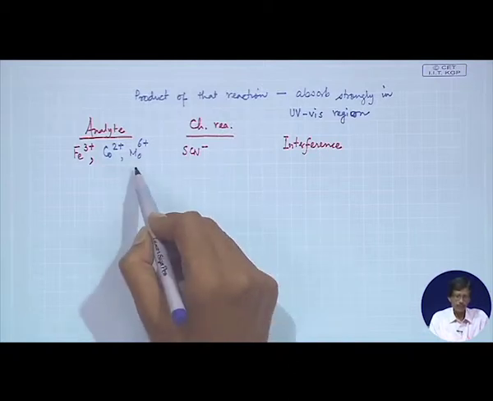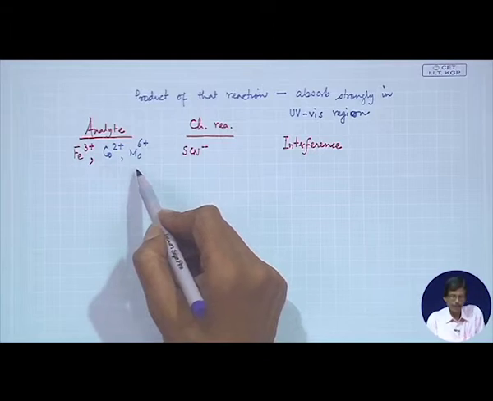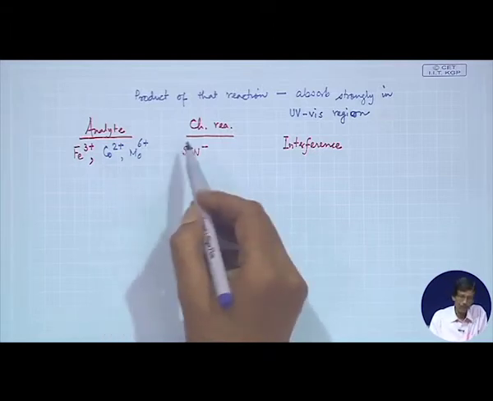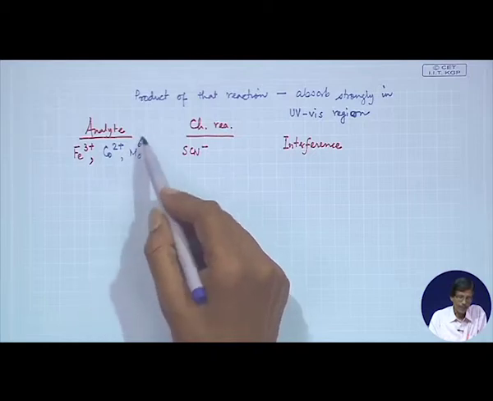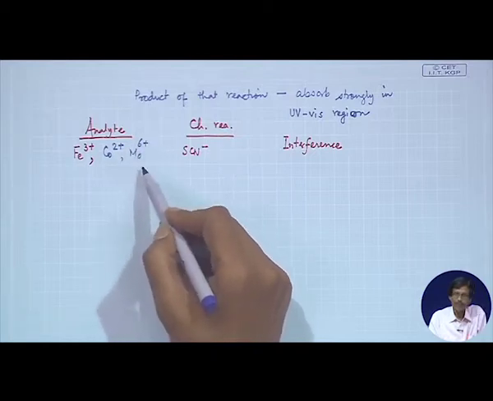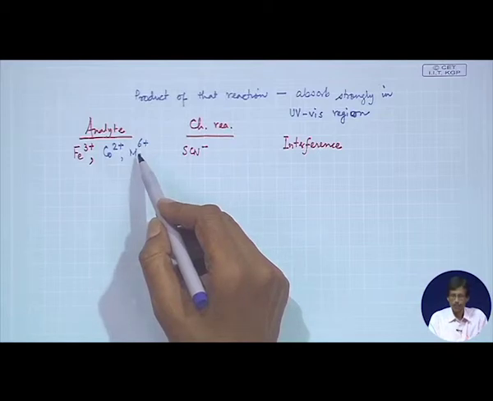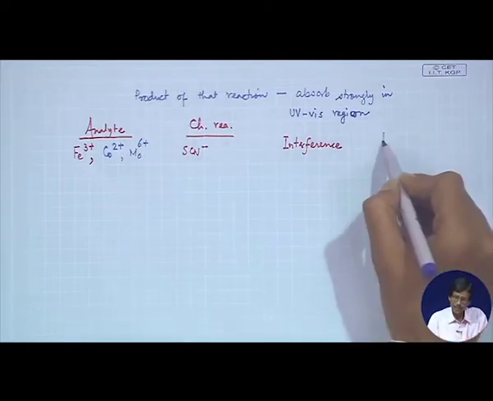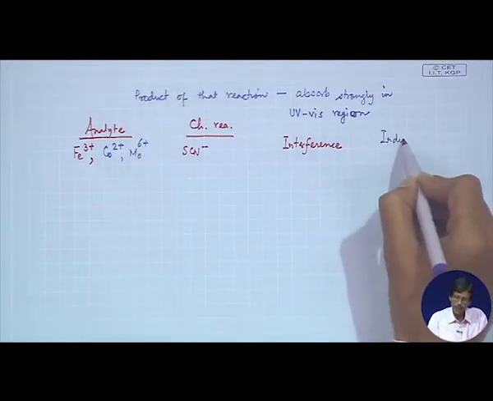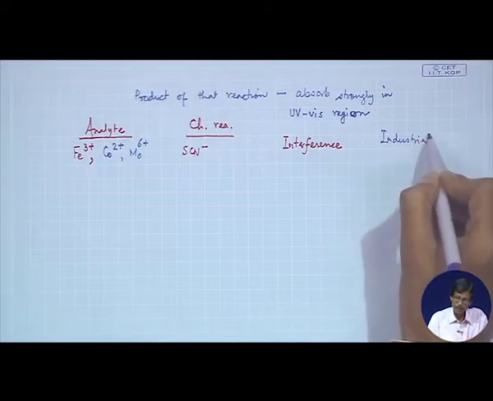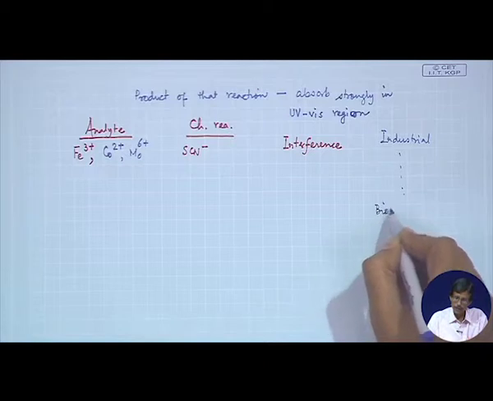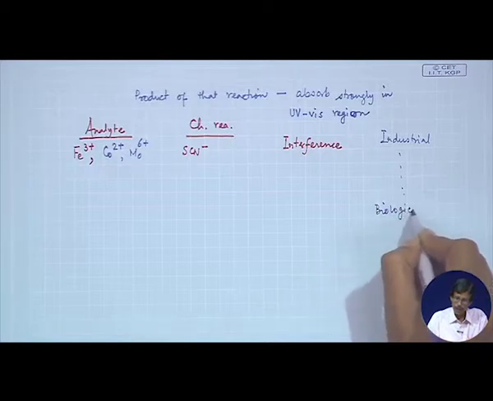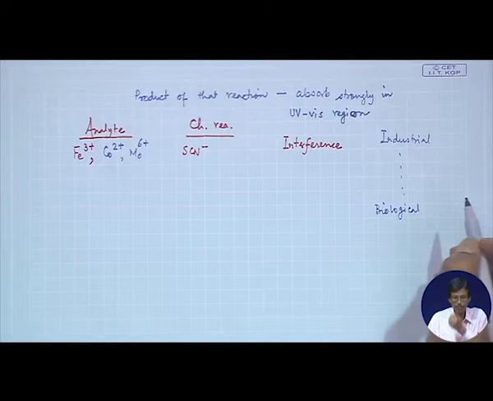In a similar fashion, we know hexavalent molybdenum, Mo6 plus, is present in all sorts of analytes, from industrial samples like steel to biological samples, which are molybdenum enzymes.